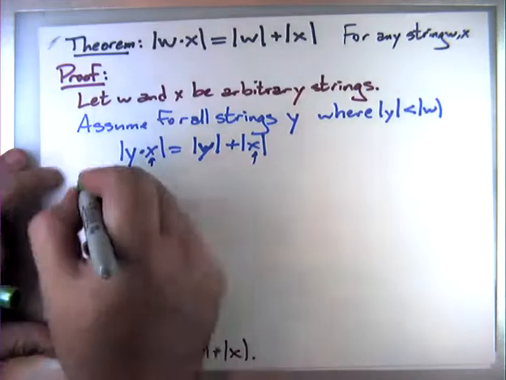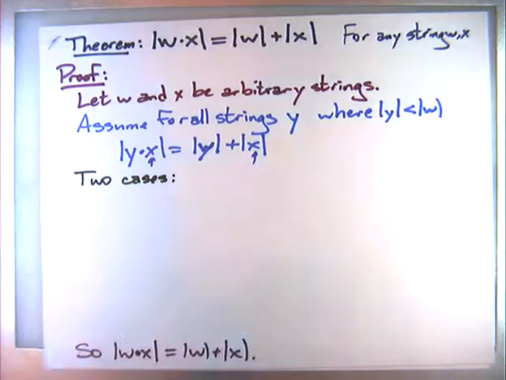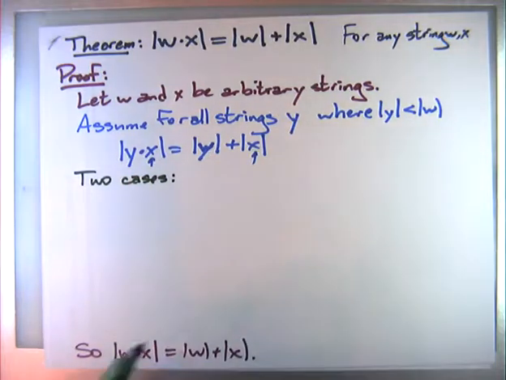Now, again, I'm going to have two cases. Am I going to have two cases? Well, maybe I'll have two cases. Ah, that's what's wrong. Yes, I'm going to have two cases.